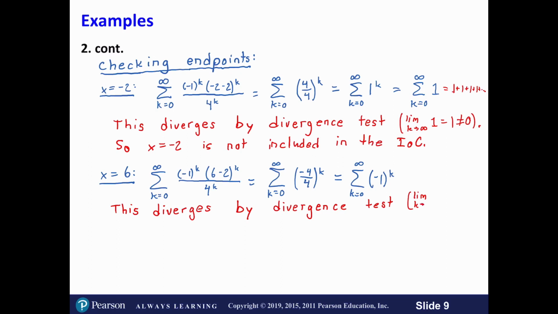Limit as k approaches infinity of -1 to the k. Well, this oscillates forever, so this limit does not exist. That is not equal to 0. And so x equals 6 is also not included in the interval of convergence because it didn't converge.